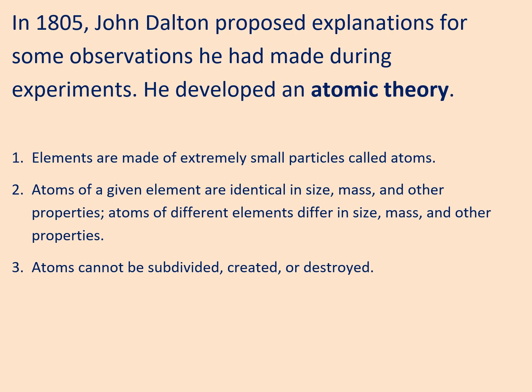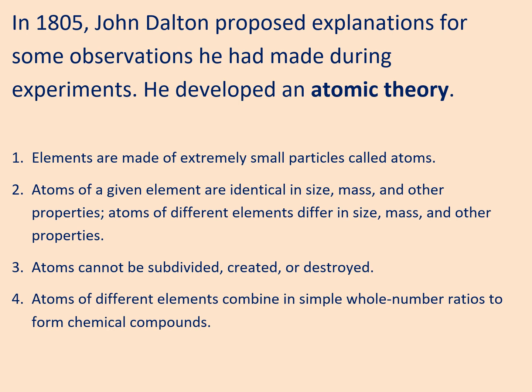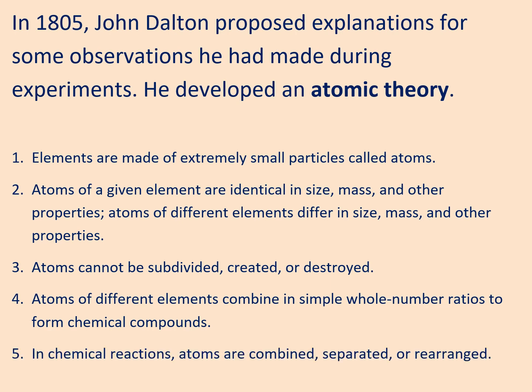So they cannot be separated into smaller pieces. They cannot be created. They cannot be destroyed. And atoms of different elements combine in simple whole number ratios to form chemical compounds. Again, that's something that we'll look at in a bit more detail later on in this unit. In chemical reactions, atoms are combined, separated, or rearranged. Again, not created or destroyed. They just change some of their positions.